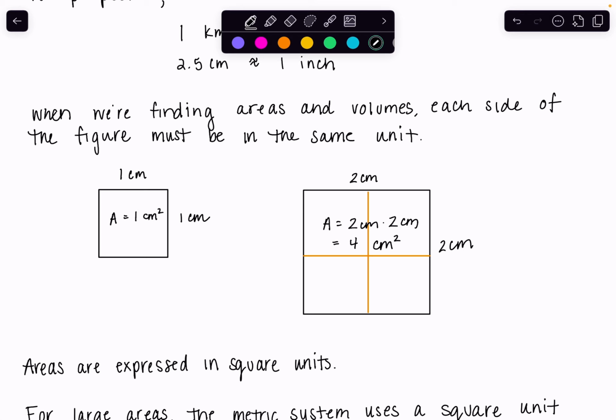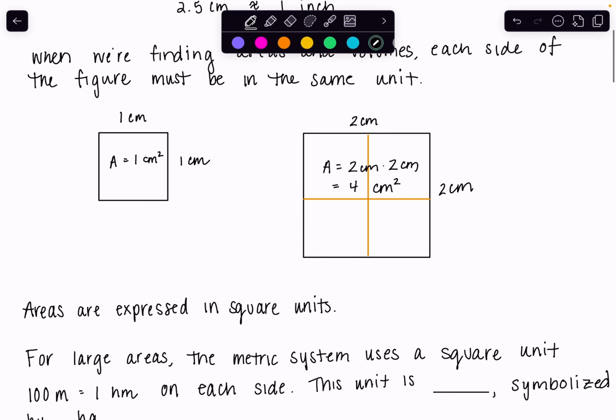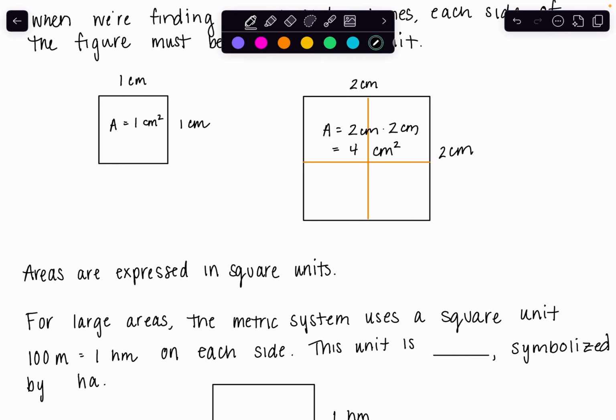Now, if you think about ways we measure large land here, it's typically in acres. So we have a couple acres for a property or a 100-acre farm or something like that. The metric system does have something similar. So when they're dealing with large areas, they use a square unit, which has 100 meters on each side.